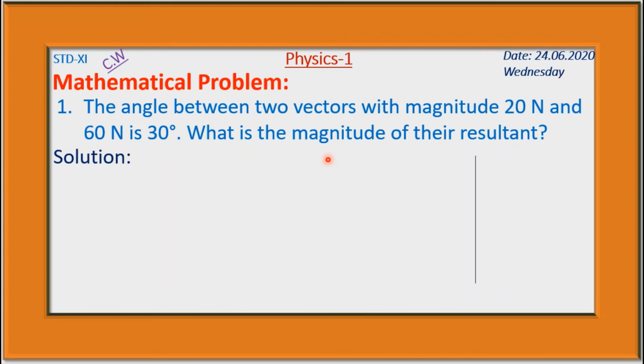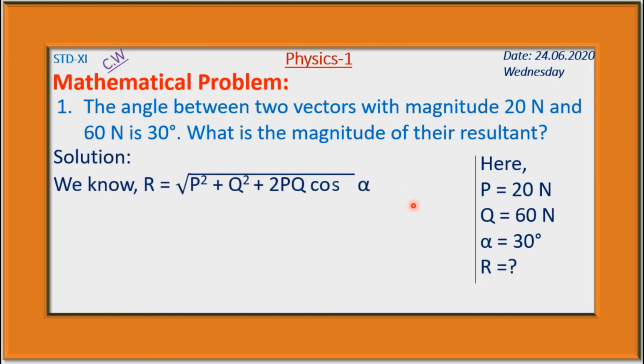So solution, here let first vector is p vector, p is equal to 20 Newton and q is equal to 60 Newton. Angle alpha is equal to 30 degree. What is the value of R? And we know resultant R is equal to root over p square plus q square plus twice pq cos alpha.